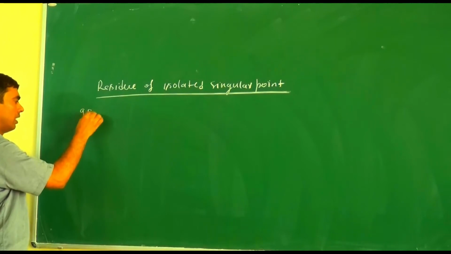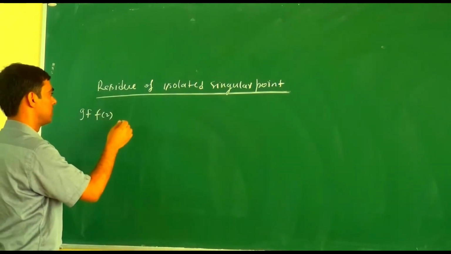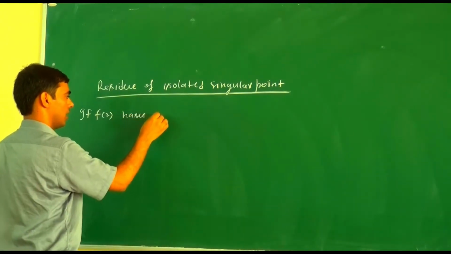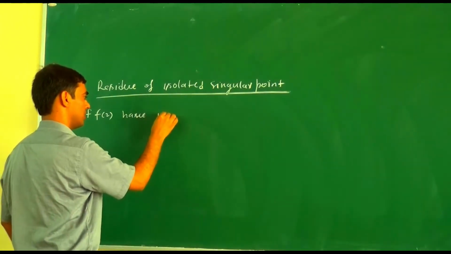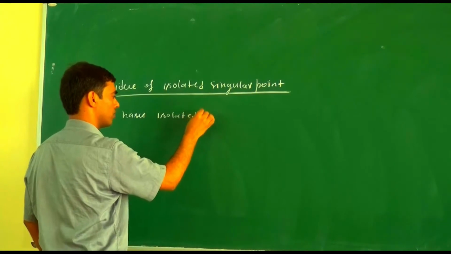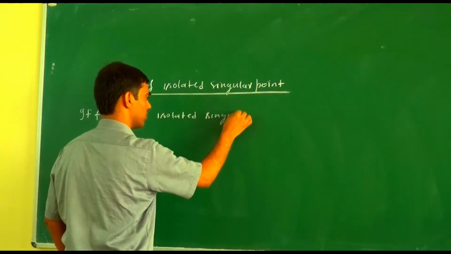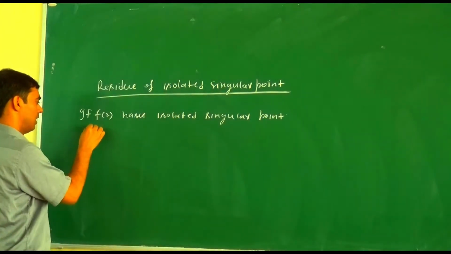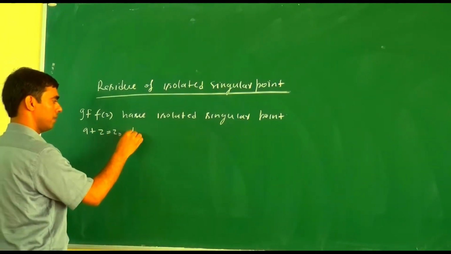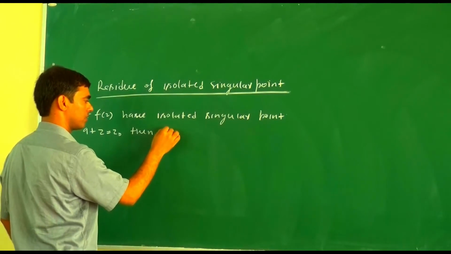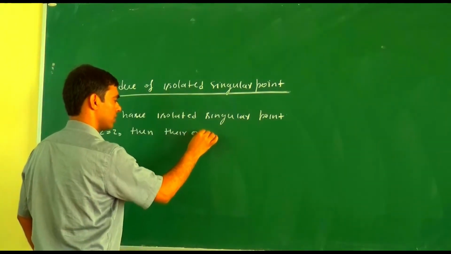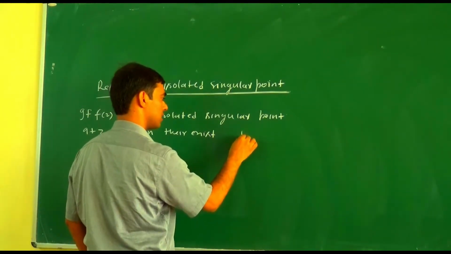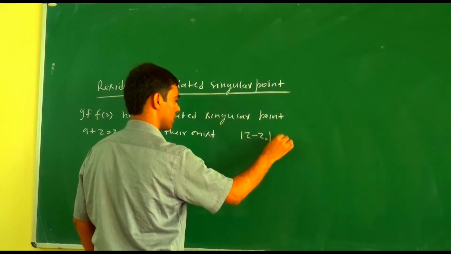If f(z) has an isolated singular point at z equals z0, then there exists a small region, that is, there exists |z minus z0| less than r.